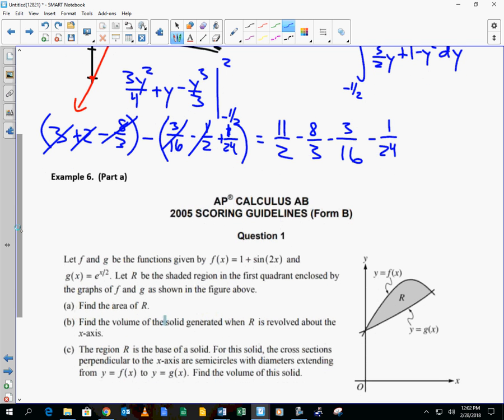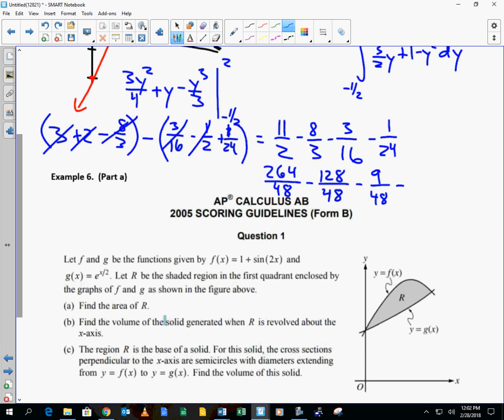So 11 times 24. 48. I got to multiply this by 16. 8 times 16, 128. 3 times 3.